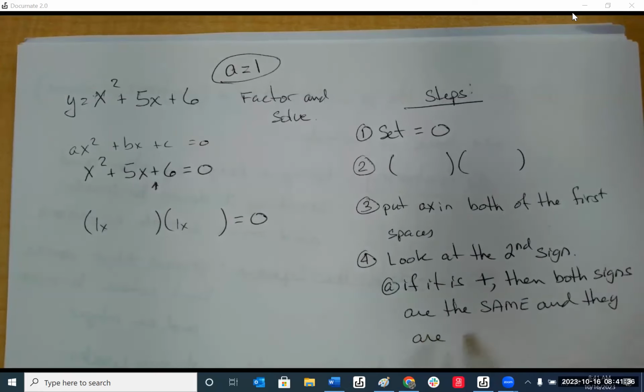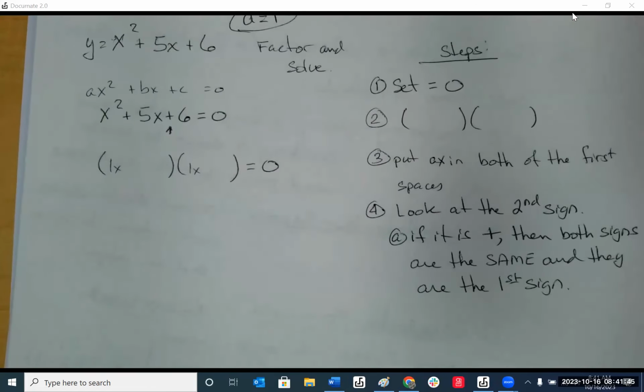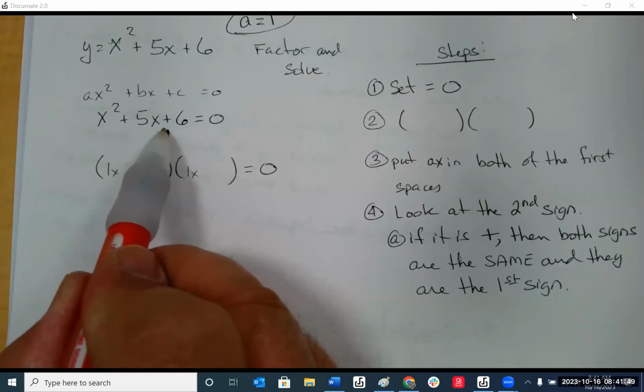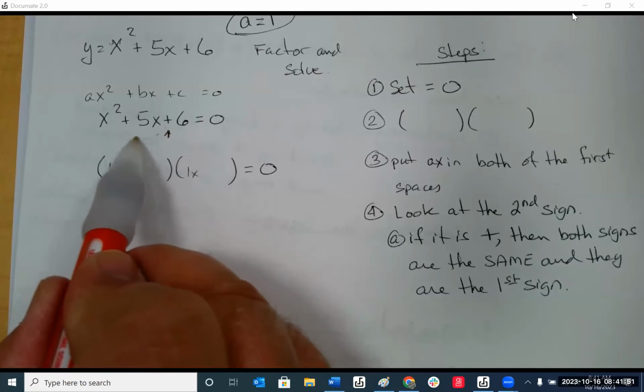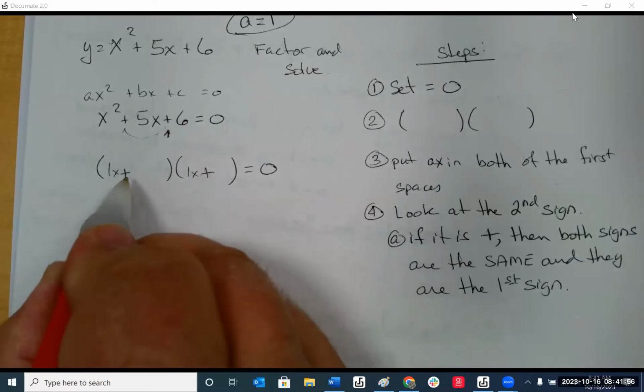And they are the first sign. Since the second sign is a plus, that means both signs are the same. They're whatever the first sign is. Since it's plus, they're both pluses inside of the parentheses.